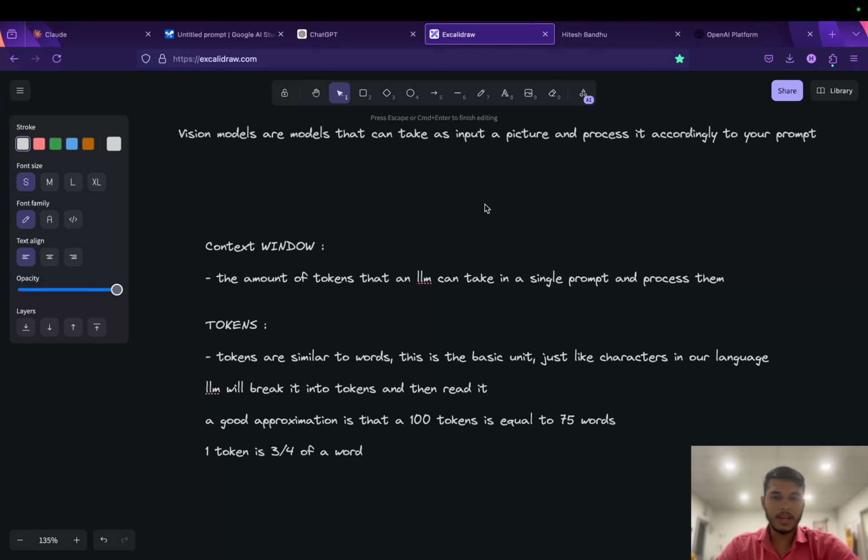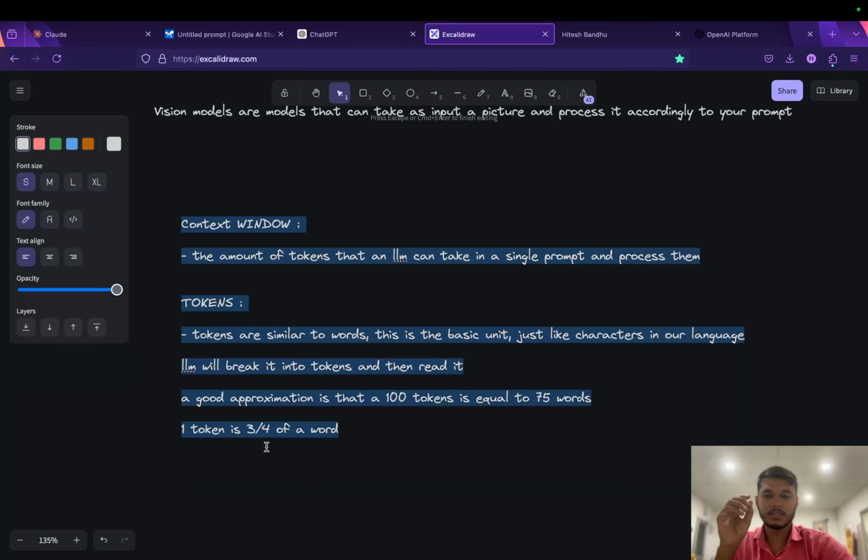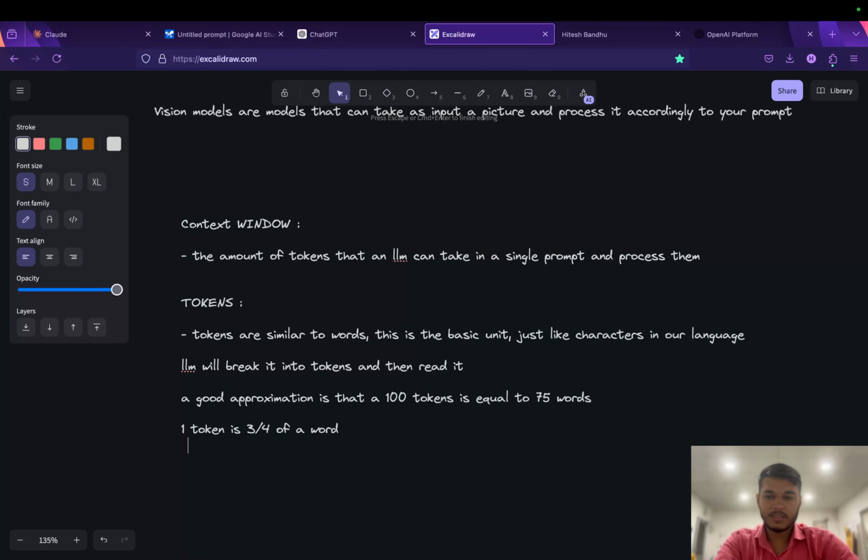So Gemini has a context window of 2 million tokens. Now you see, 2 million tokens, if you multiply by 3/4, is 1.5 million words.